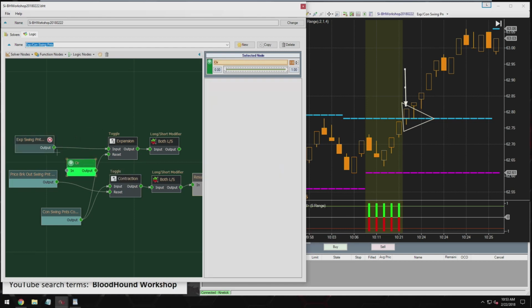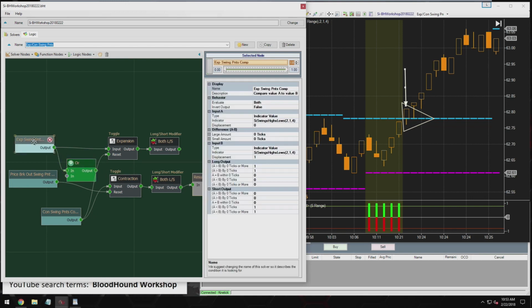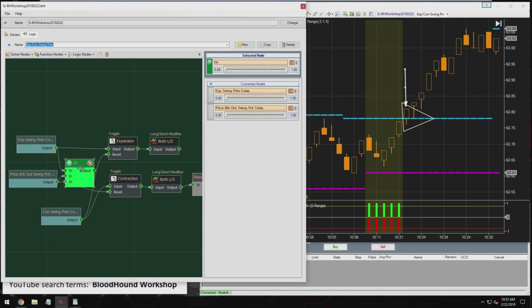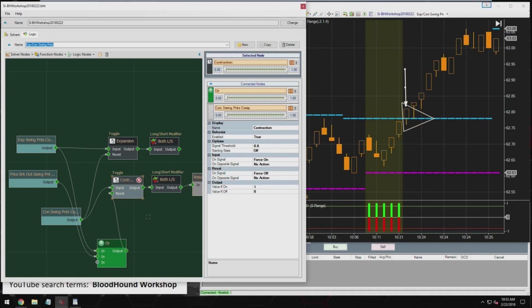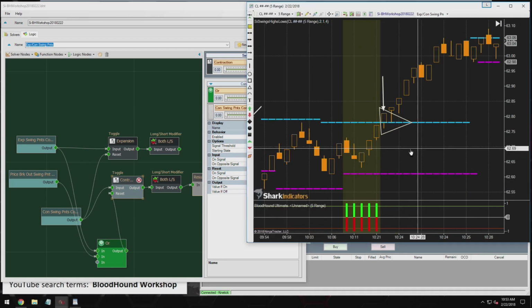So I need either the expansion condition or this price breakout condition to be connected to the reset here. So let's disconnect that, connect that in, and if we look at the chart, there we go.